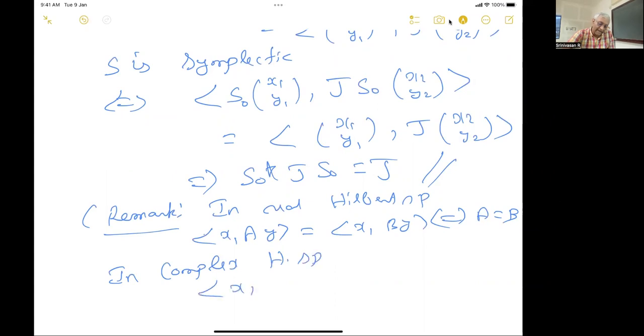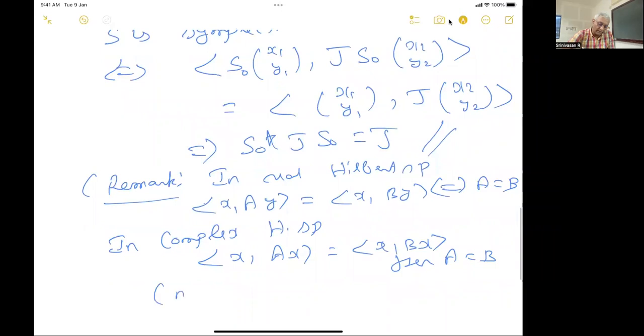That is, if ⟨X, AX⟩ equals ⟨X, BX⟩, then A equals B. This is not true in a real Hilbert space.